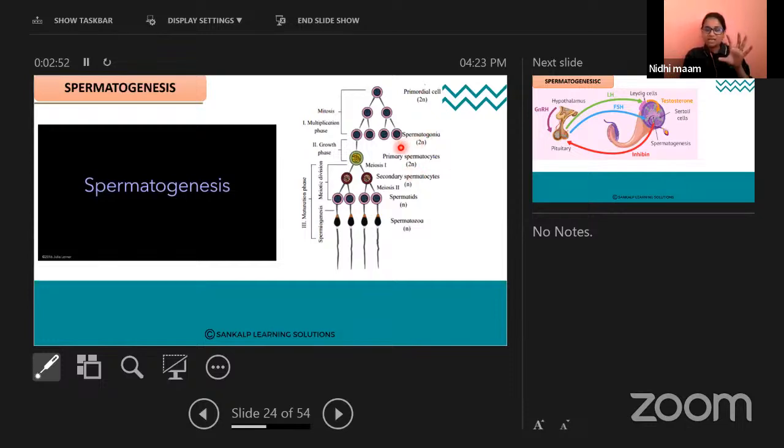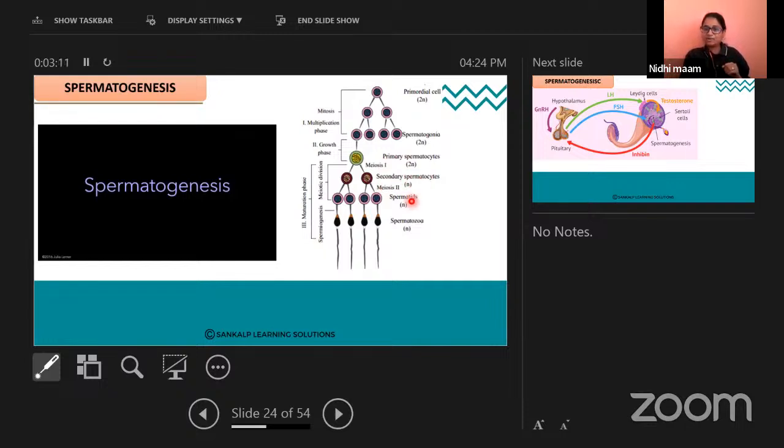This big primary spermatocyte will undergo what? Meiosis 1. Meiosis has two steps, meiosis 1 and meiosis 2. So primary spermatocytes undergo meiosis 1 and we get secondary spermatocytes.